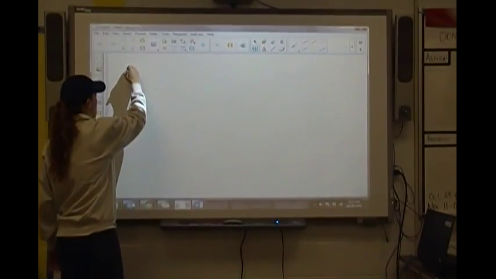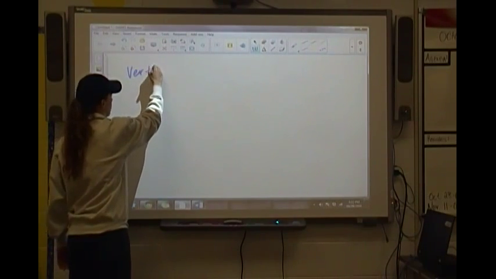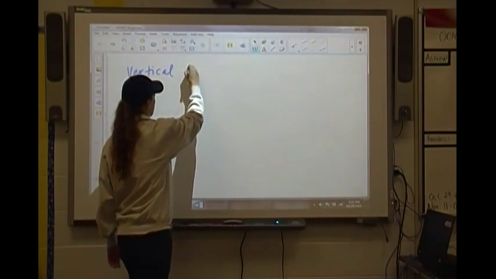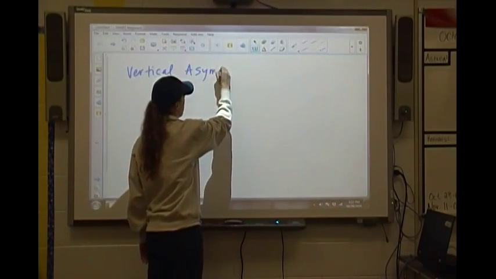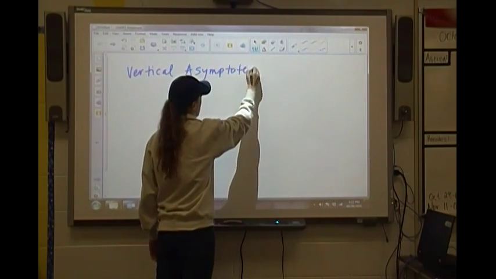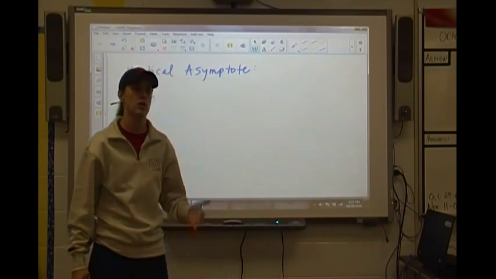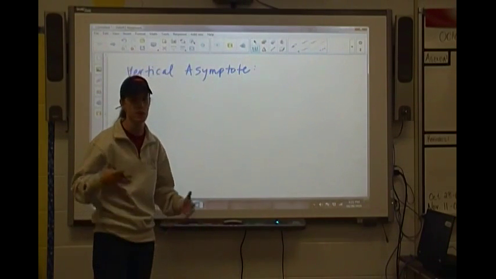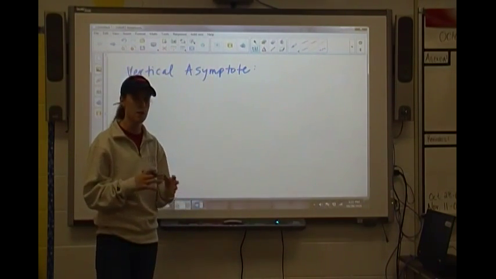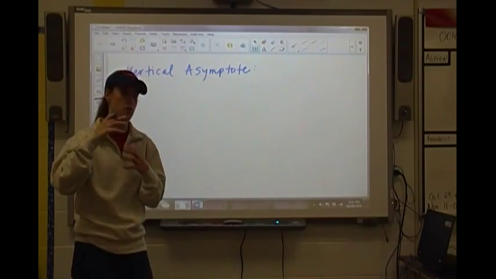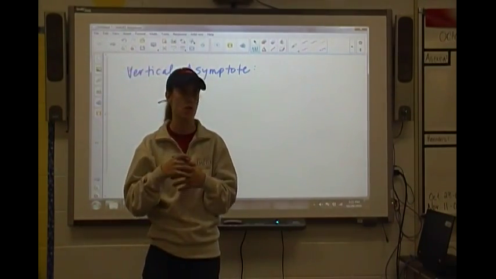So if we have a vertical asymptote, we think about how we find those. How do we get a vertical asymptote in a rational function? Where does that appear? When the denominator of a fraction is equal to 0, that's undefined.